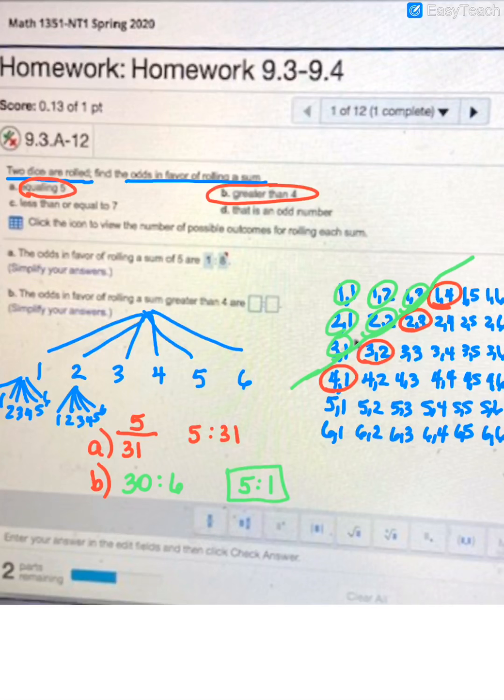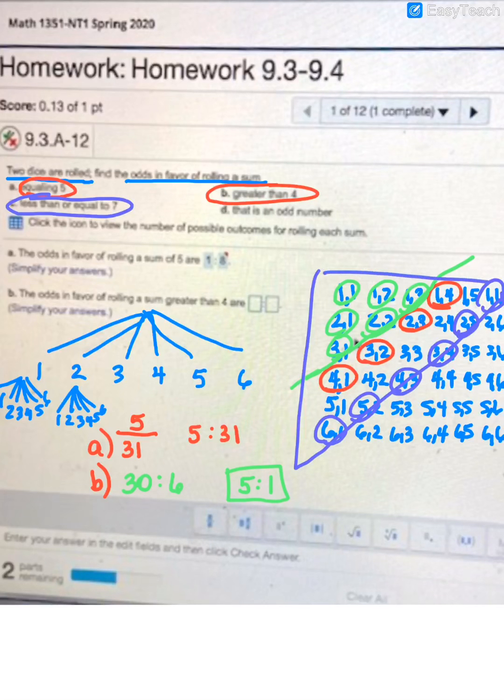All right, the third question wants to know the odds in favor of rolling a sum that is less than or equal to 7. So my sums of 7 are going to be here along this main diagonal, and then of course everything below it. So that would be my sums that are less than or equal to 7. So I could just straight out count those. 1, 2, 3, 4, 5, 6, 7, 8, 9, 10, 11, 12, 13, 14, 15, 16, 17, 18, 19, 20, 21.